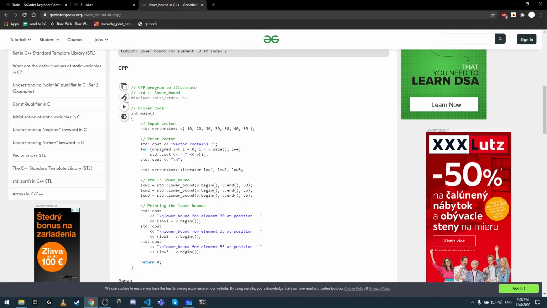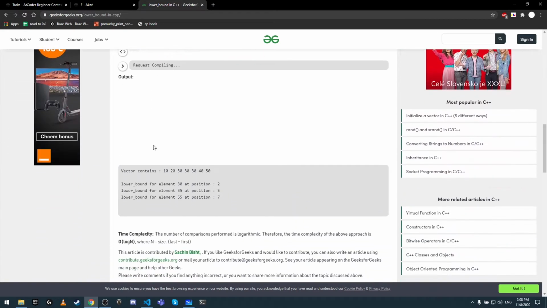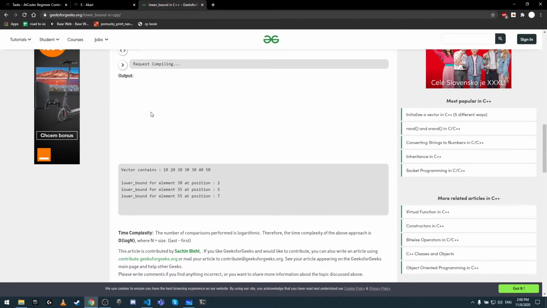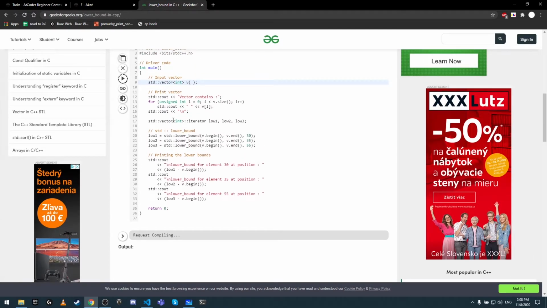Come on, load. This should give you zeros or ones. I have no clue what it will return.